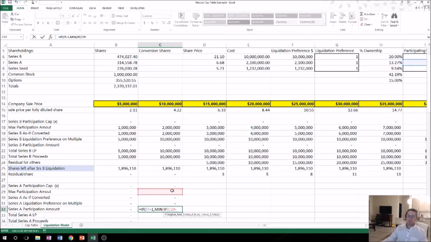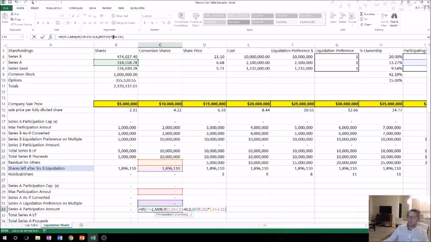And so say if max participation amount minus the Series A liquidation preference on multiple is less than 0, then 0, don't want a negative number. Otherwise, sorry, forgot a comma. Otherwise, take that Series A share total, divide it by the new share count, the new share total for the entire capitalization, and multiply that by the residual for others minus the liquidation preference on multiple.